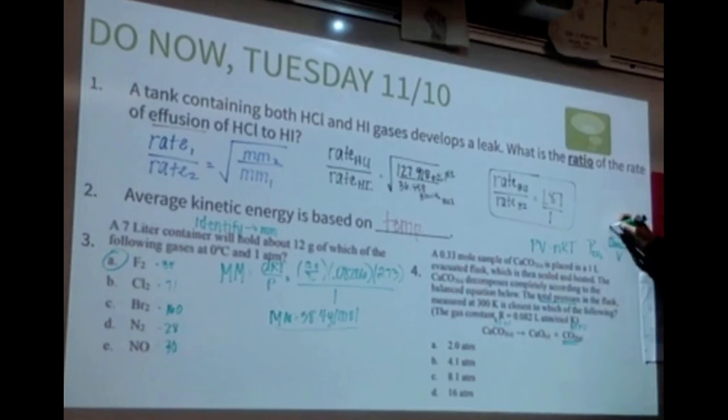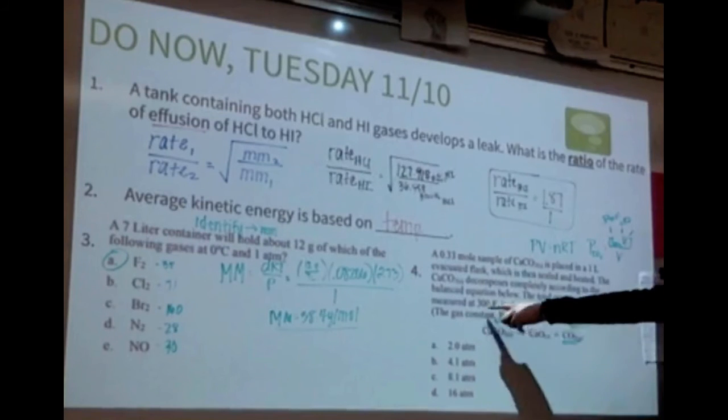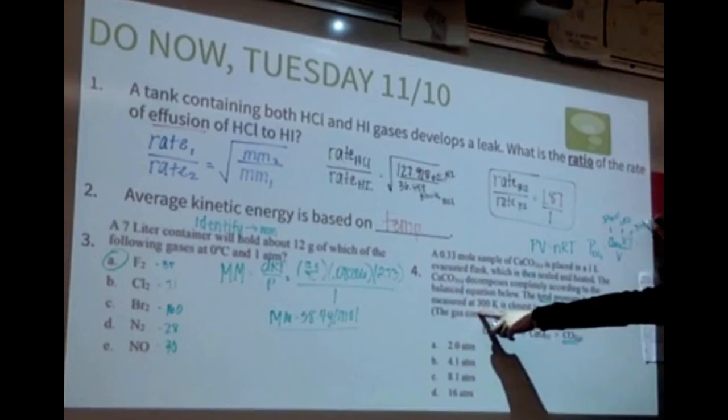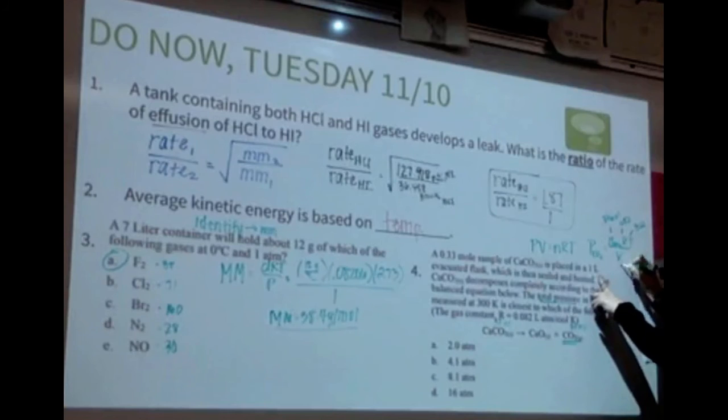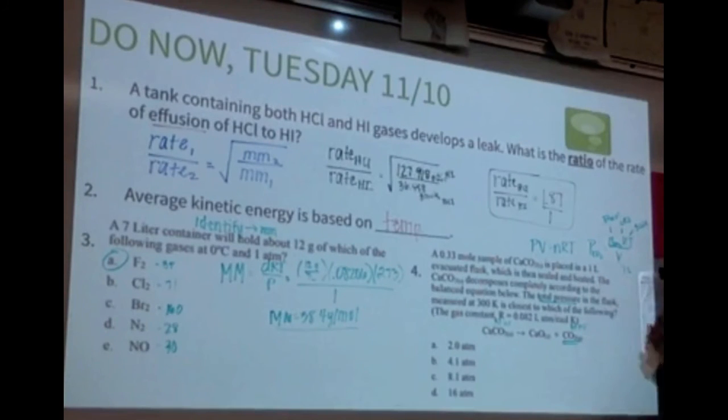So n is 0.33 moles. R, they tell you to use 0.082. Temperature, they already gave you in Kelvin. 1 liter container. So again, 0.33 times 0.082 times 300 divided by 1.